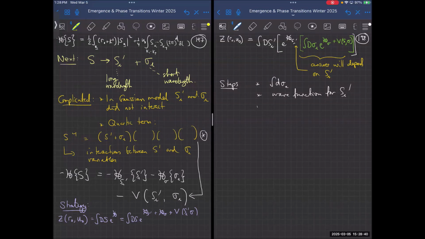For SL prime, we're going to rescale K, which will give us a rescaling of SL prime. And after we've done that, we will then have a partition function, which I can write as a functional integral over a new variable L and an effective Hamiltonian at that scale L. And this is the end result.